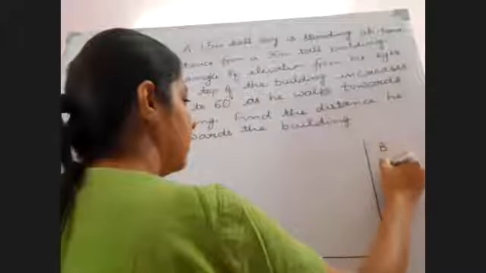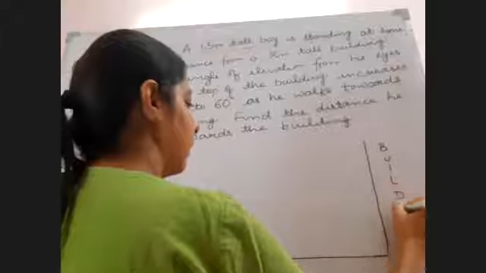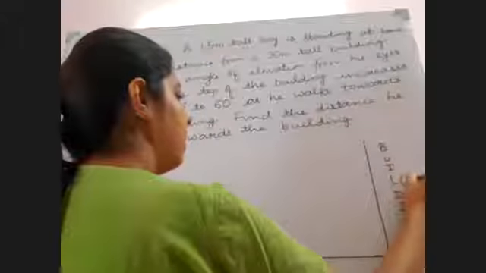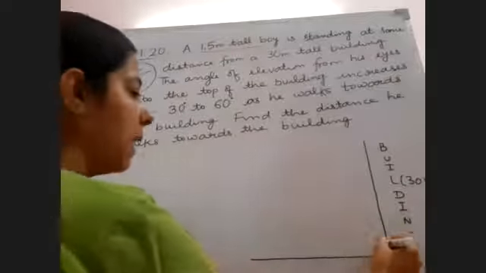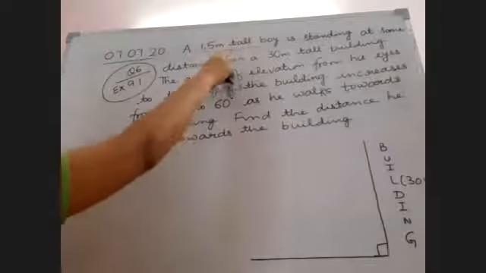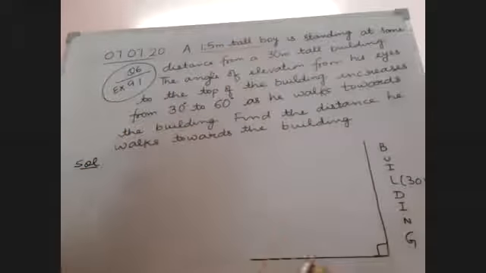This is a building which is 30 meter in length, making 90 degrees with the ground. And there is a boy standing at some distance. Which distance?